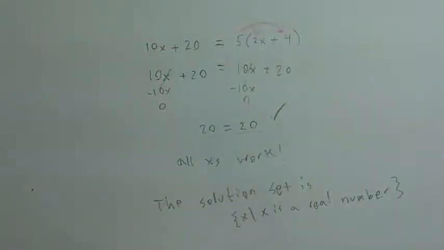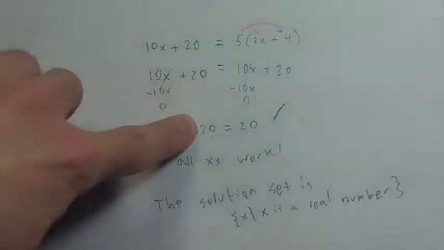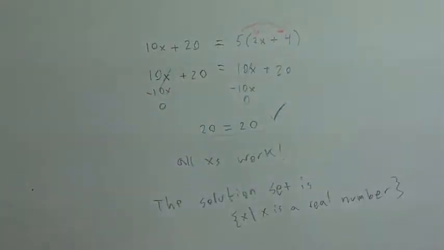Okay, and that's that. So if you ever end up getting down to an equation that is just always true, 20 is equal to 20, 5 is equal to 5, 0 is equal to 0, you have pretty much all real numbers is your solution. Everything is going to work for this equation.